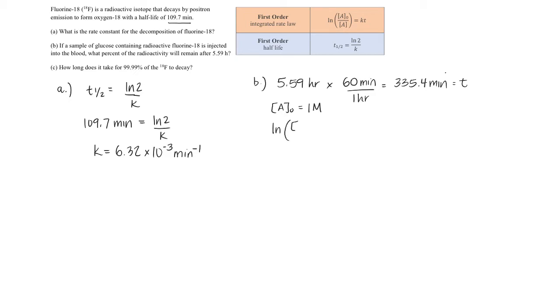And the first-order integrated rate law is the natural log of the concentration of A naught over A equal to kt. Let's plug into this equation.